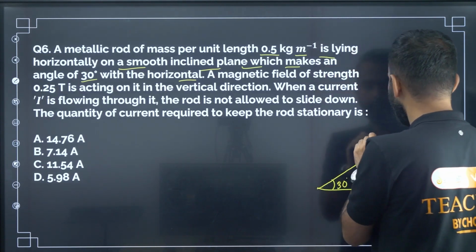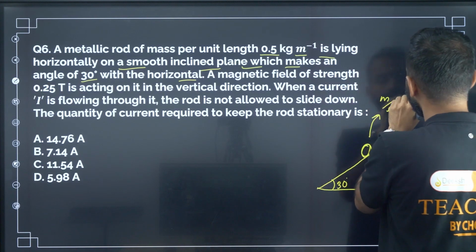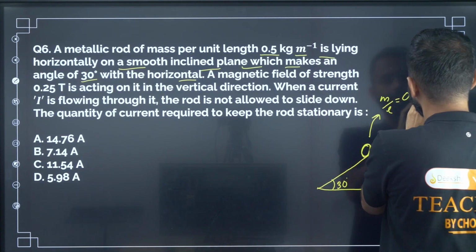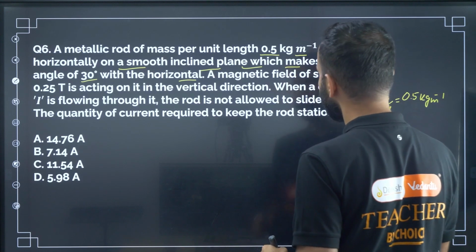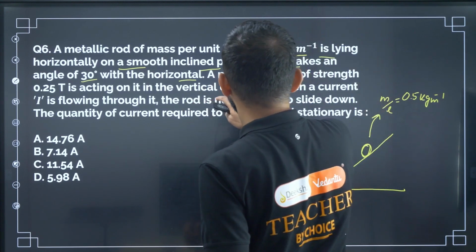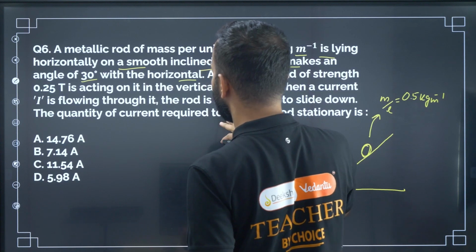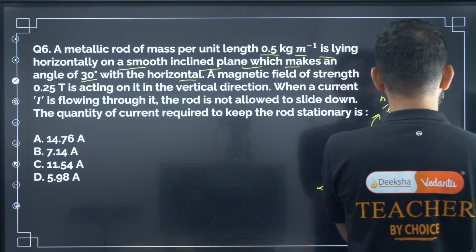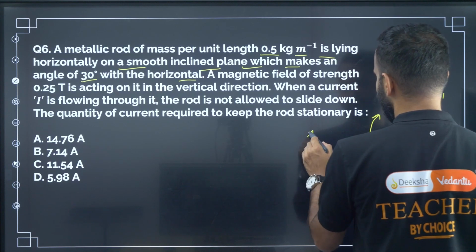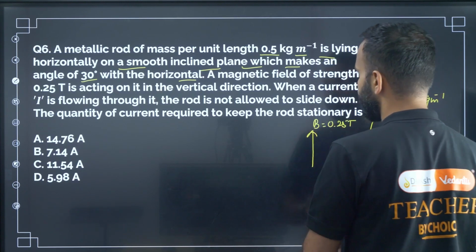Mass per unit length of the rod, m by L, is equal to 0.5 kg per meter. A magnetic field of strength 0.25 Tesla is acting on it in the vertical direction. So this is the direction of the magnetic field, B equal to 0.25 Tesla.